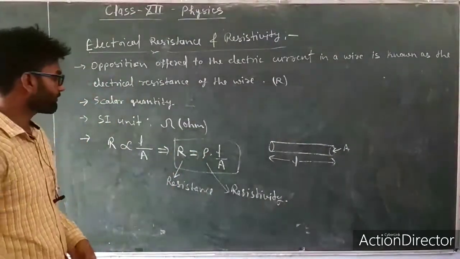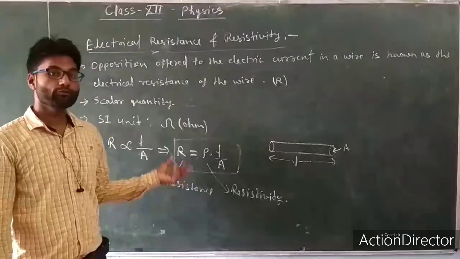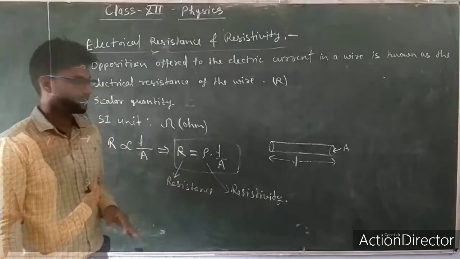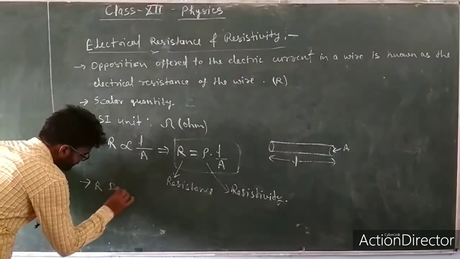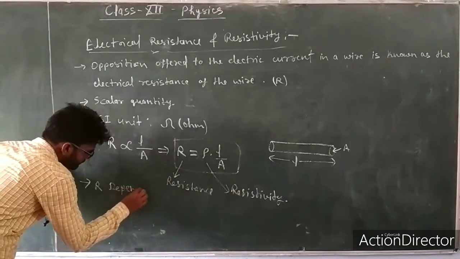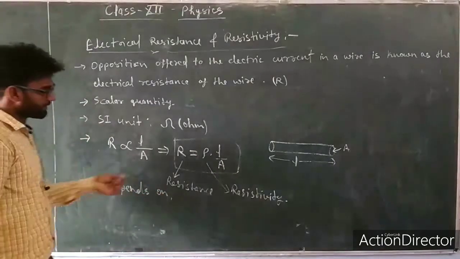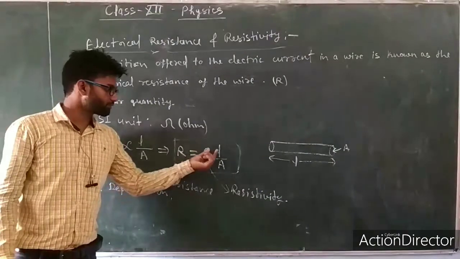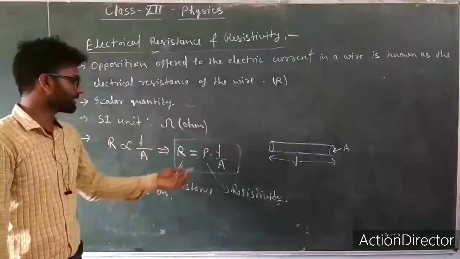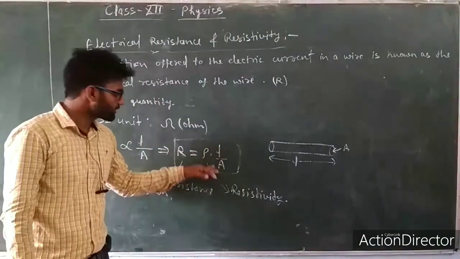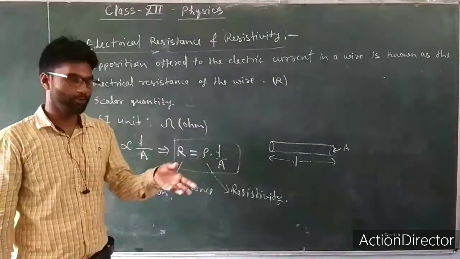Now next we will talk about on which values this resistance is depending. R depends on, firstly, when we see this formula, the length of the wire and the area of cross section of the wire, right? So these two are the geometrical properties.